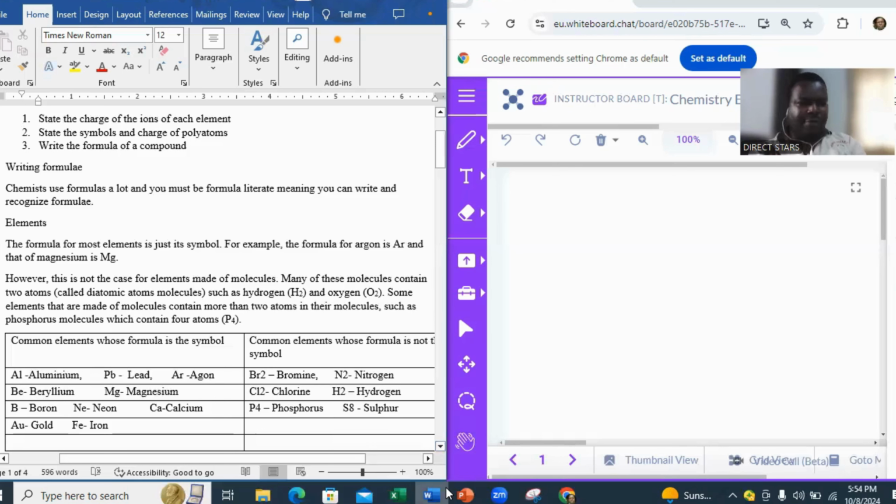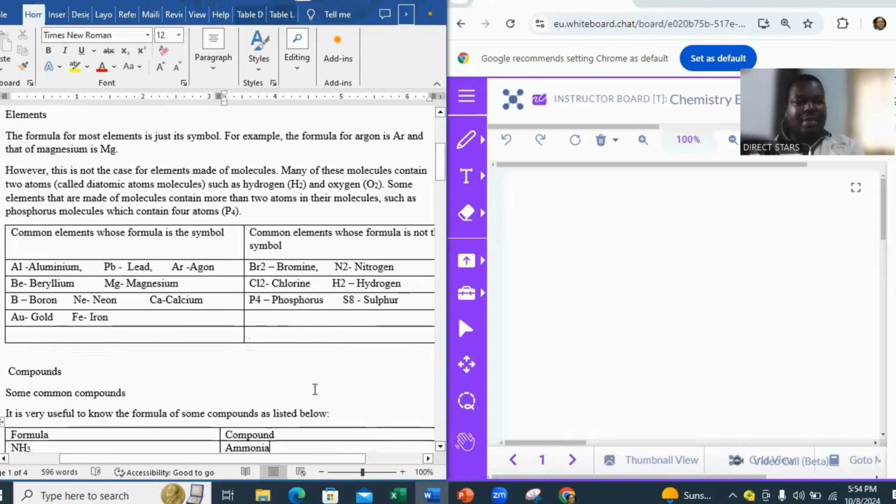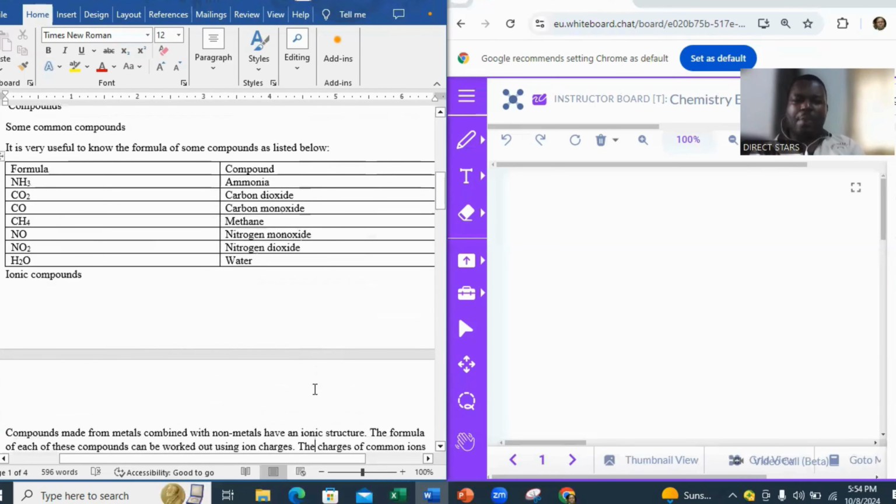So having gotten familiar with the symbols of most of the elements, we go straight into compounds. We have some common compounds we'll be looking at today, like carbon dioxide. Why do we call carbon dioxide carbon dioxide? We have 2 oxide groups in that compound, and 1 carbon. And that's where it derived its name from.